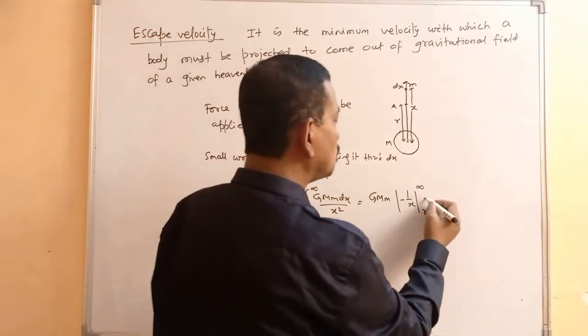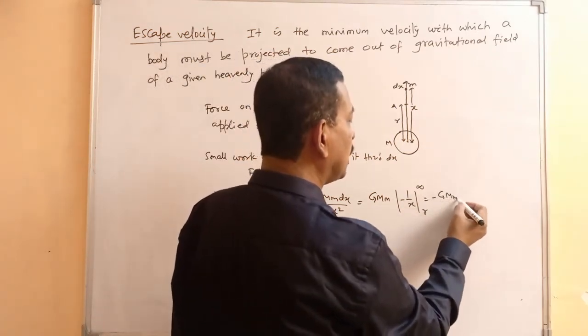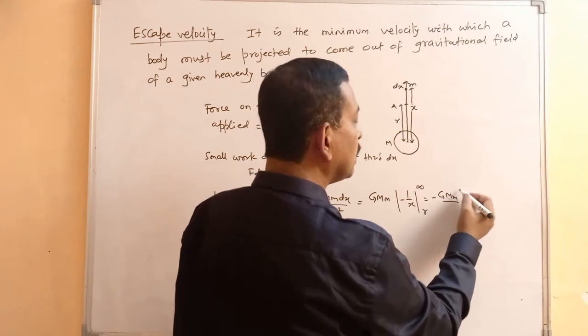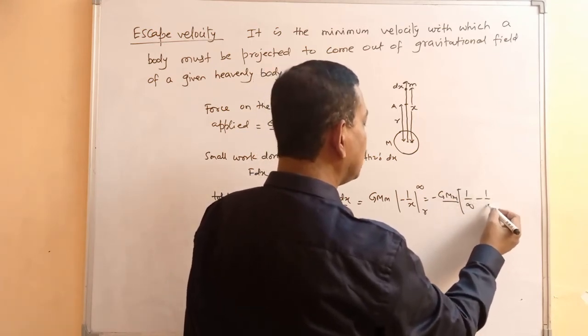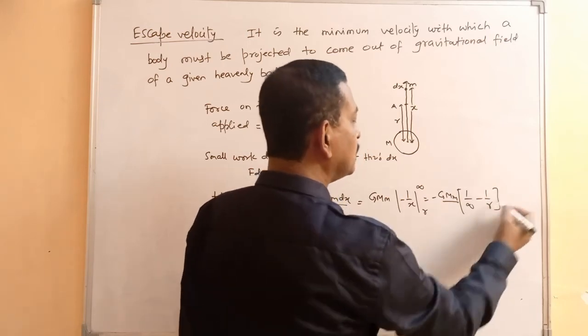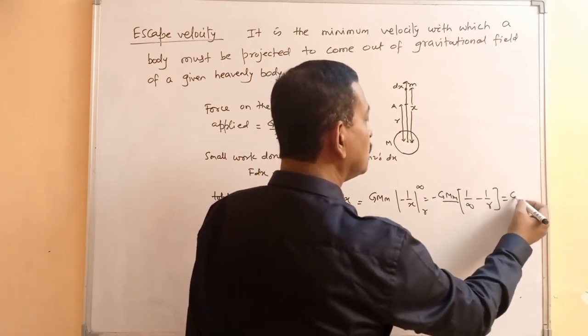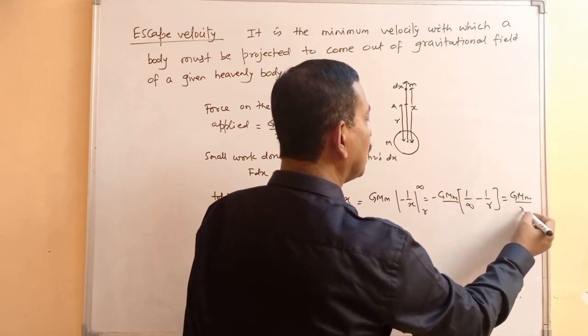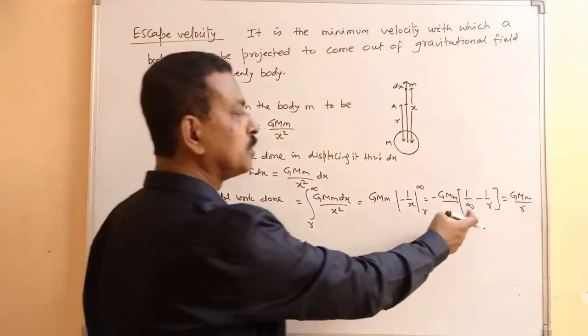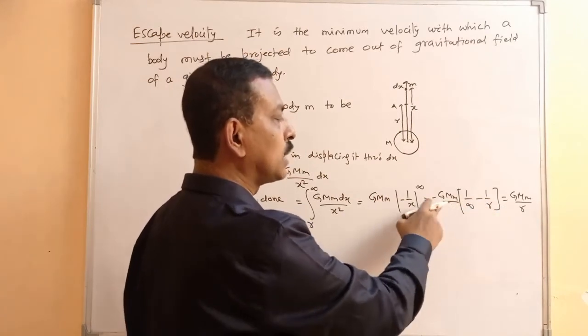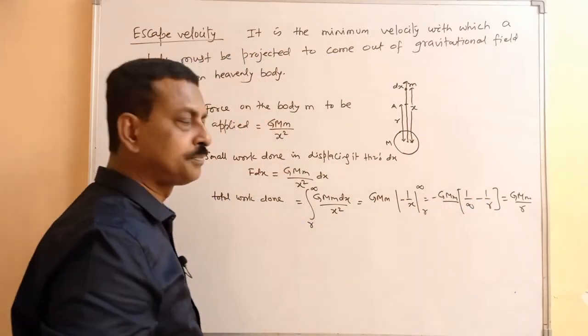So this is equal to minus GMm times 1 by infinity minus 1 by r, and this is GMm by r, because 1 by infinity will be 0, and the negative and negative will become positive.